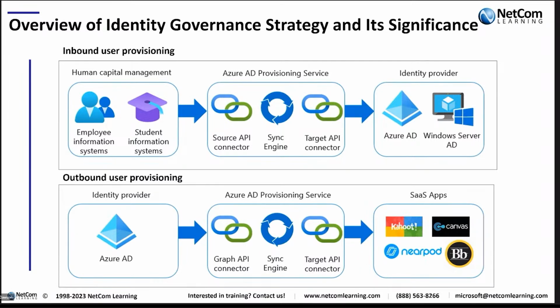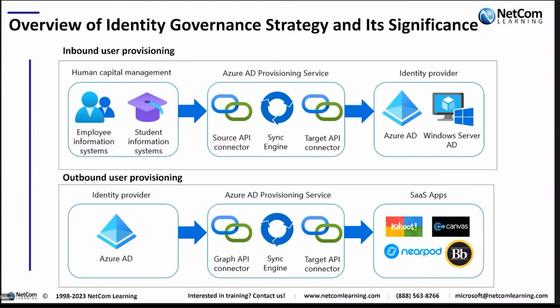Again, I can use the same processes except in reverse, right? I can use in this case, a Graph API connector to extract out all of the user information for the students from my Azure AD, and then using the same synchronization process, push that into the SaaS application that I'm pushing it to, or that they need access to, right?